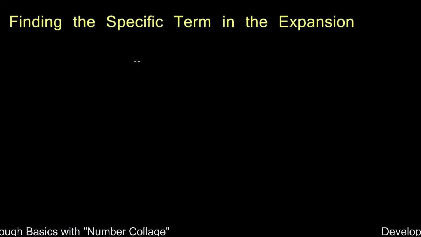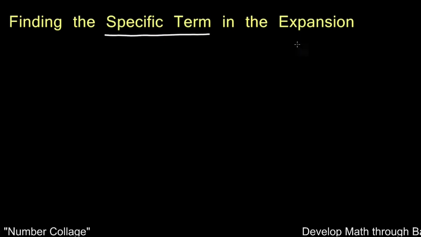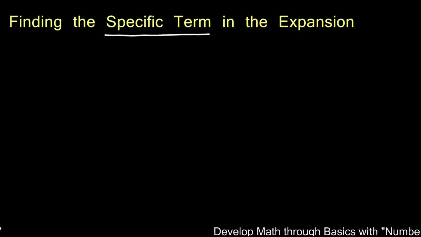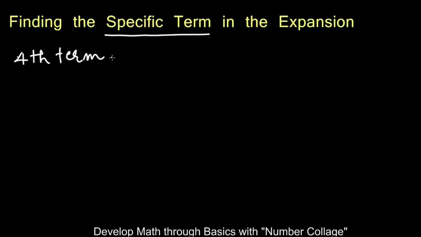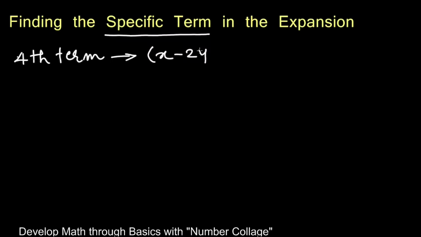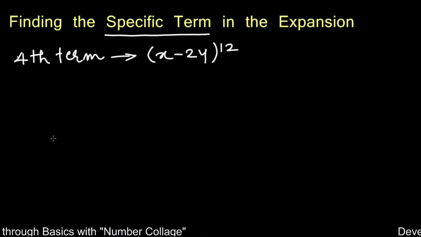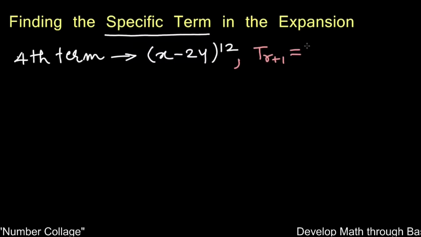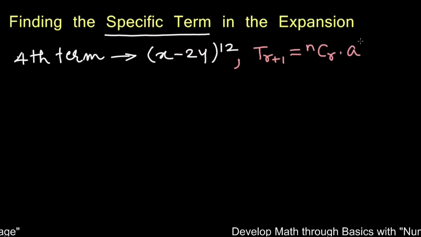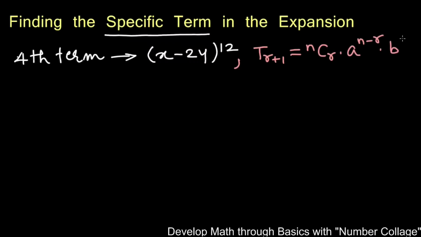Next we will see how we can find a specific term in the binomial expansion. We have to find the fourth term in the expansion of (x minus 2y) raised to 12. The general term in the binomial expansion is T(r+1), which equals nCr a raised to n minus r b raised to r.